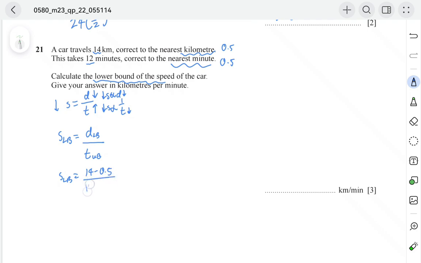For time, take 12, plus 0.5 for the upper bound, so we get 13.5 over 12.5. And if we calculate that, we get 1.08 kilometers per minute to three significant figures.